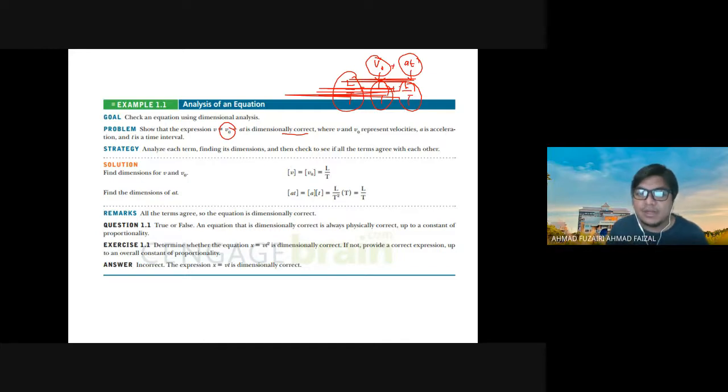So if the equation is dimensionally correct, you should prove that every place on the right side must be equal to the left side. If one of the parameters, for example this place, becomes L over T squared when you do the dimensions, does it equal the left side?